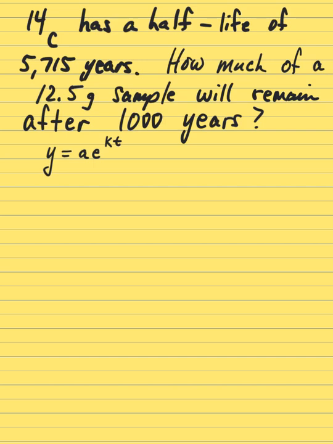All right, so the half-life means that half of the starting amount is equal to the starting amount times e to the k times 5,715 years. Okay, divide both sides by a. The a's will cancel.